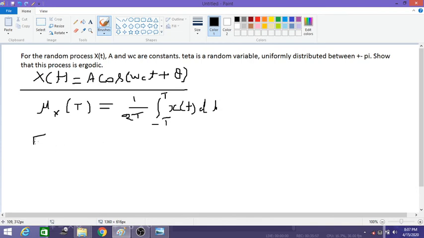Let us take the ensemble of this mu x of T.